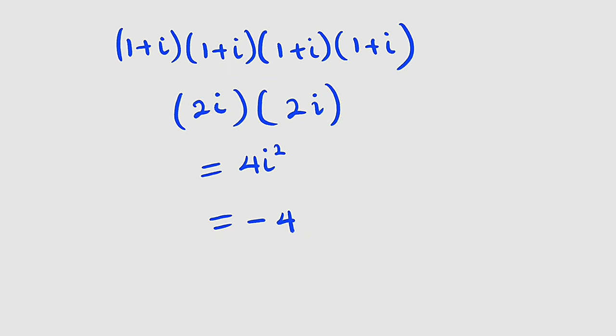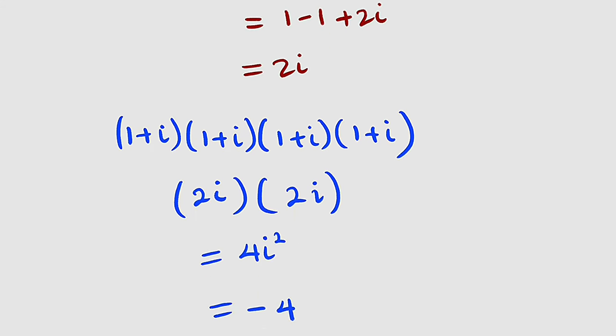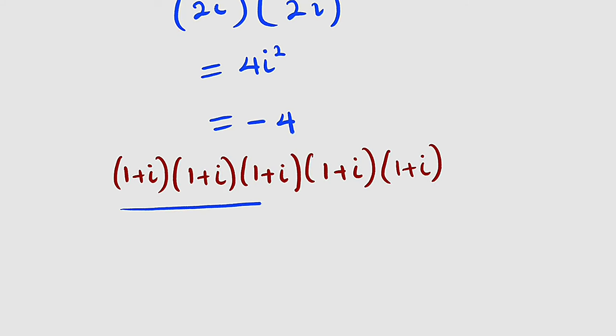But remember, we have 1 left, which is what? 1 plus i. So since the first 4 is just negative 4, all we have to do is to take this negative 4 and multiply it by 1 plus i.